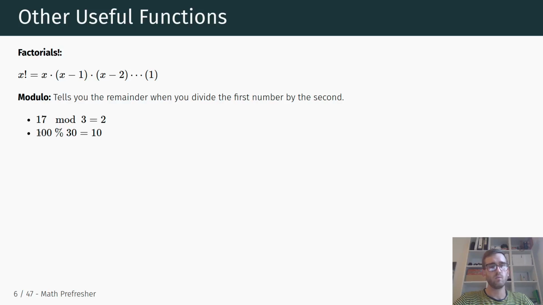So 100 divided by 30: 3 times 30 is 90, and 4 times 30 is 120, so the remainder after division would be 10.